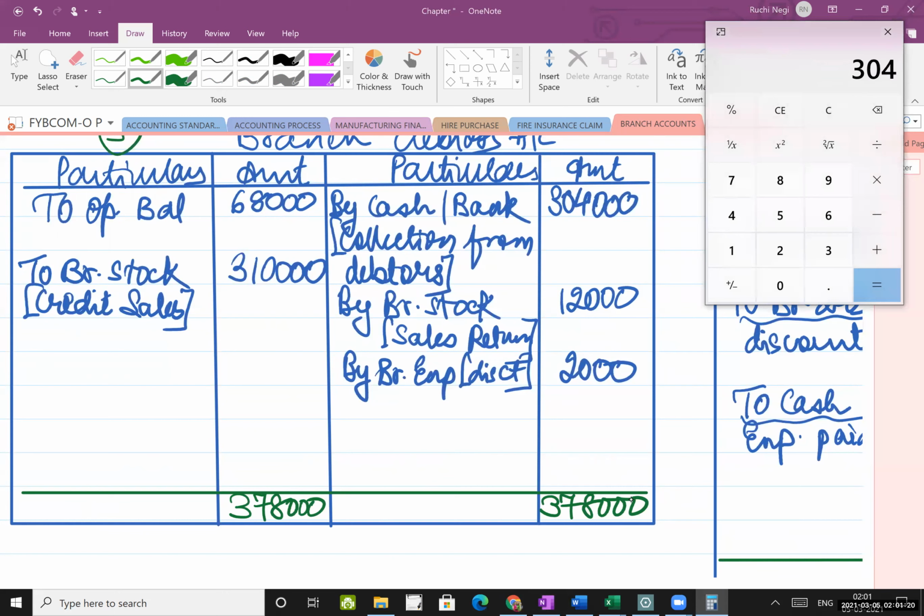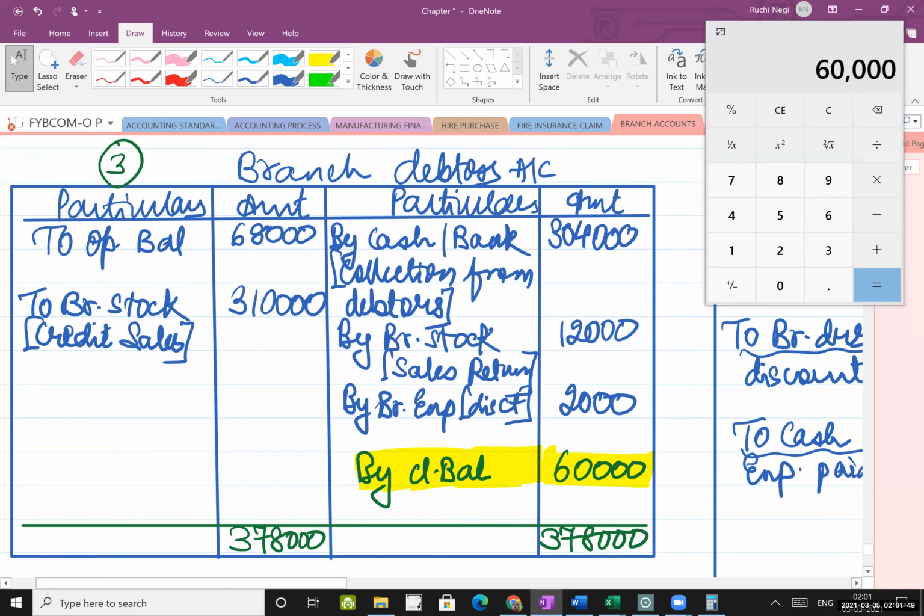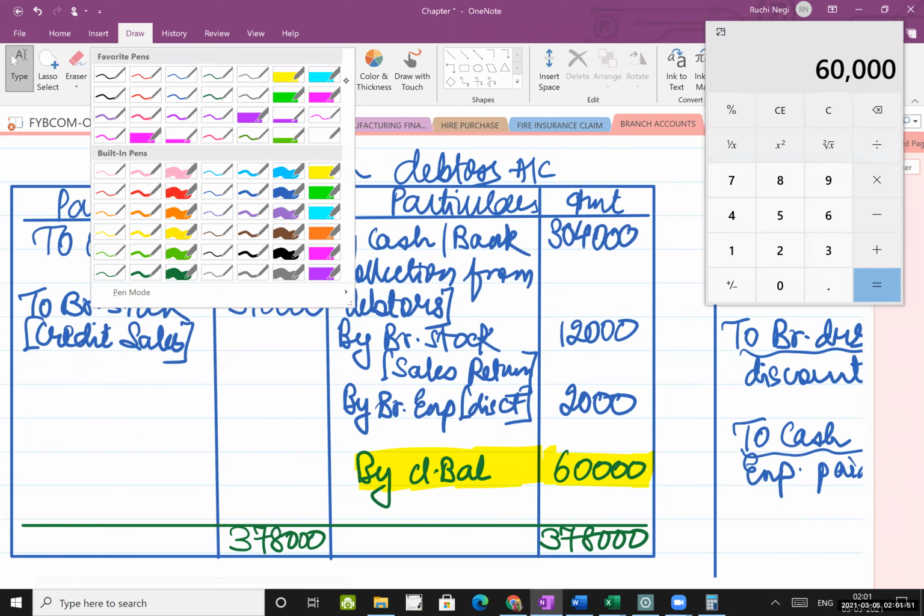Minus 3 lakh 4 minus 12,000 minus 2,000. So 60,000 is my answer. So this 60,000 is nothing but my closing balance of debtors, which is obviously my balancing figure. So this is my debtors balance.